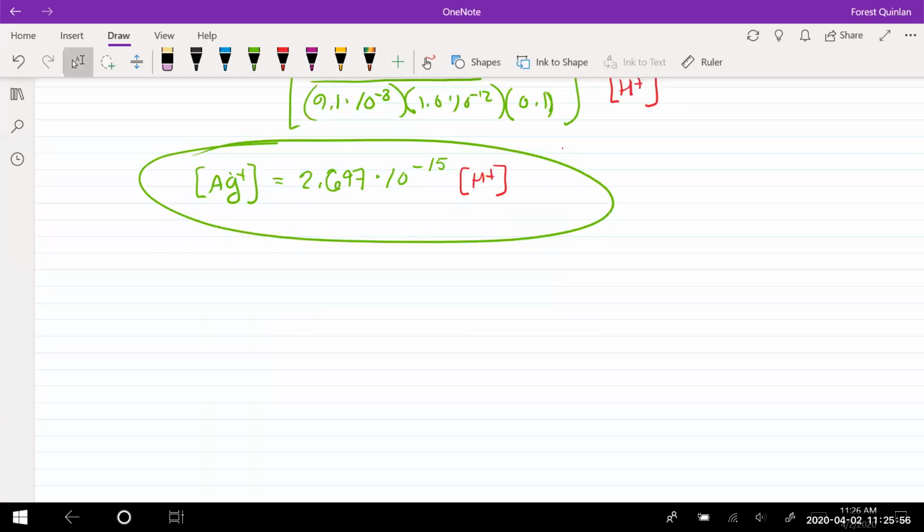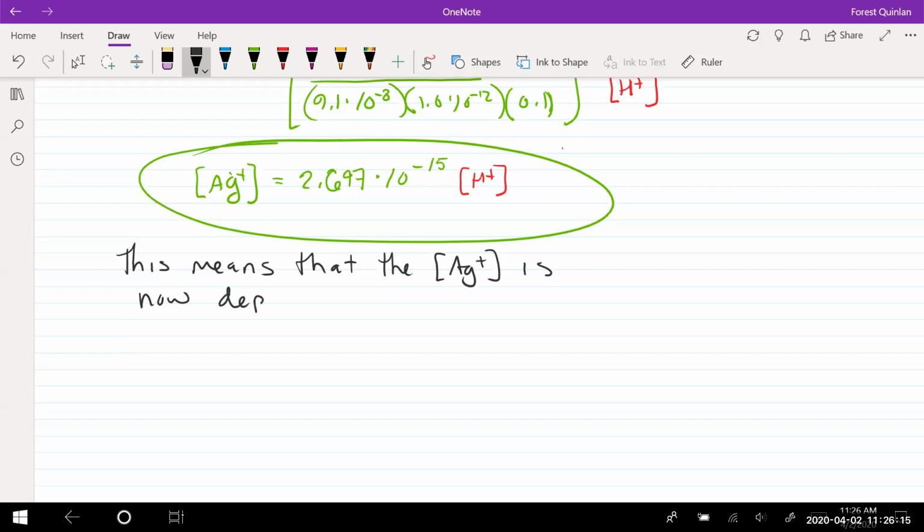Now, what does this mean? This means pH is going to be a scaling factor to the Ag+. The concentration of silver is now dependent on the concentration of H+.